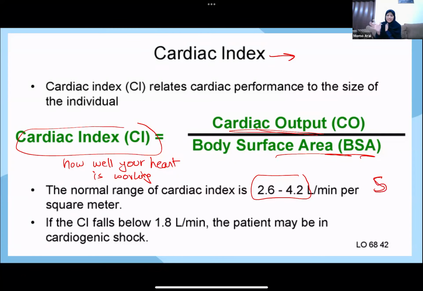Whenever I see it closer to 5, I can tell that this is a normal cardiac index. For the exam, I think just memorize the formula, I think you'll be fine. And if it's less than 1.8, that means your heart is not working very well. Your heart is failing because of less cardiac index. And that means cardiogenic shock, like what we mentioned before.